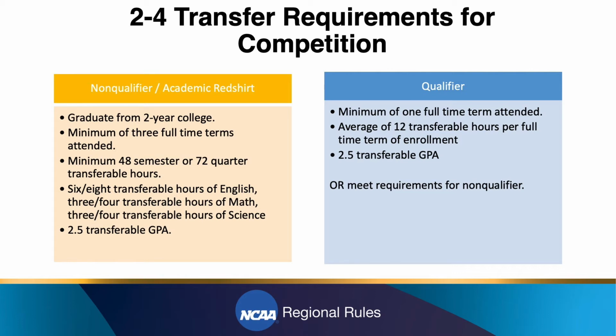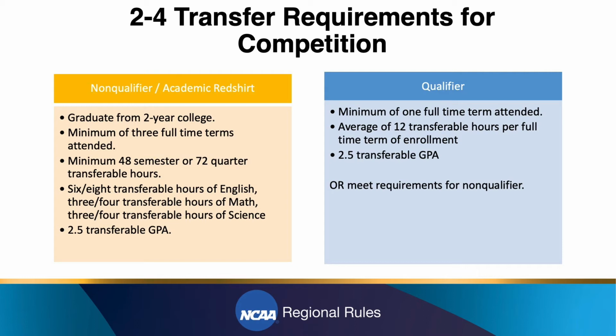He or she must graduate from the 2-year college, be enrolled a minimum of 3 full-time terms, earn a minimum of 48 hours at a semester institution, and earn a minimum of 72 hours at a quarter institution. He or she must earn core credit hours in English, math, and science. And he or she must earn a 2.5 transferable GPA.